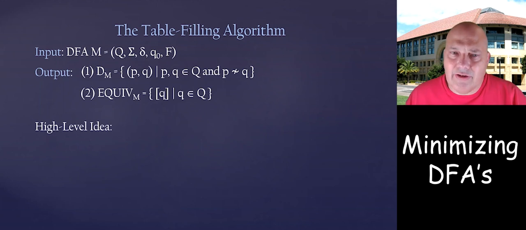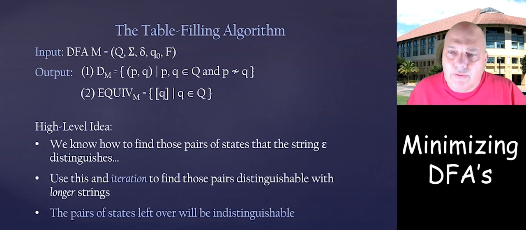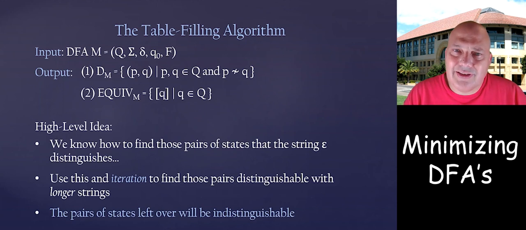So here's the high-level idea. We're going to do this recursively in iterations. The first thing we know is that pairs of states, where one is accept and one is reject, are distinguishable by the empty string. So the first thing we are going to identify is all these obvious pairs.